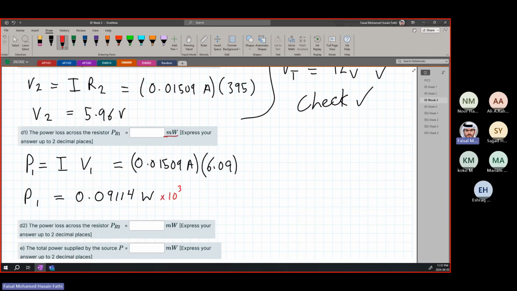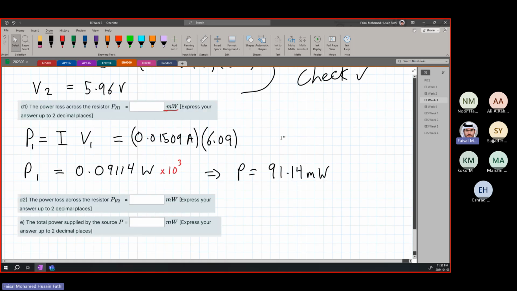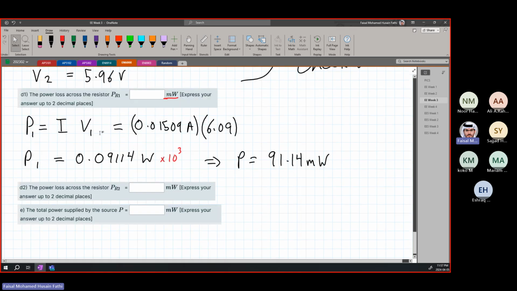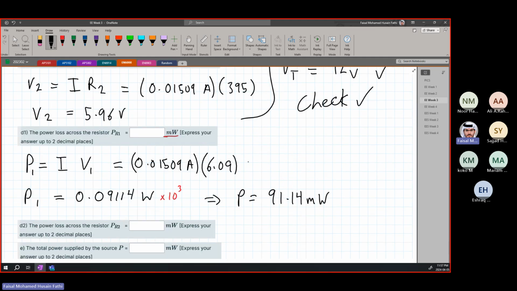to go from watts to milliwatts. Okay? So power is going to be 91.14 milliwatts. I used P equals IV. You could have also used P is equal to I squared R or P is equal to V squared over R. But for P1 we have to use R1 and V1 over R1.